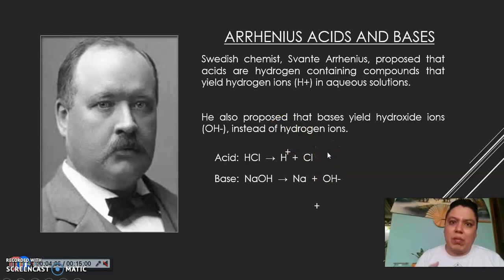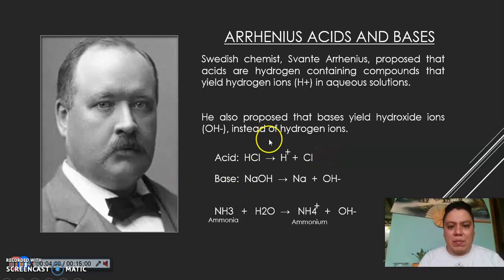But there came a problem with this theory. The problem came when chemists started working with ammonia. Ammonia doesn't follow this theory because ammonia is a base and it does not contain hydroxide ions. As a matter of fact, ammonia will take a hydrogen ion from water if they are mixed together.